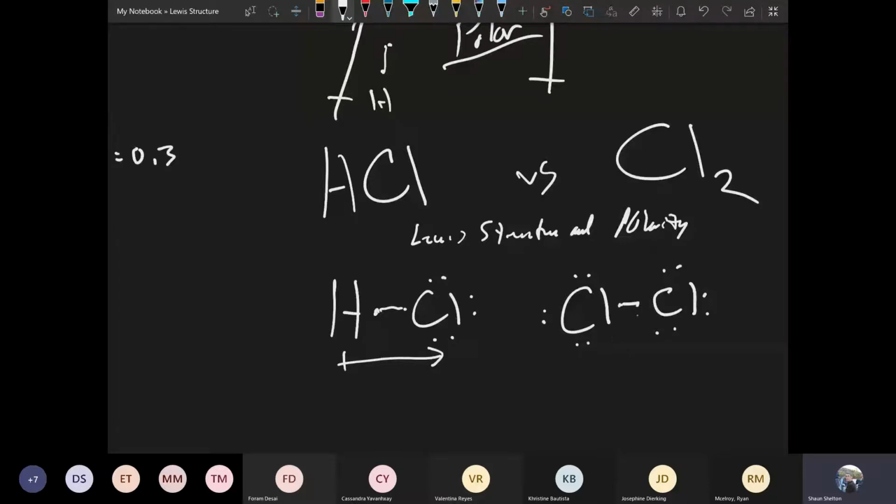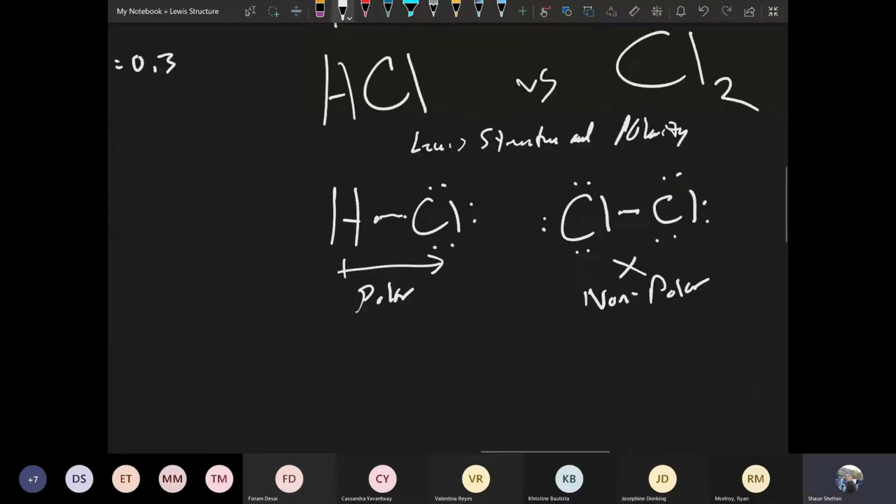And in the case of the Cl2, they're both the same, so there's no dipole there. That automatically suggests that this one is nonpolar. And since HCl has this dipole, that means that it is polar. And that's how you determine the answer here. So HCl is polar, whereas Cl2 is nonpolar. Any questions on that?